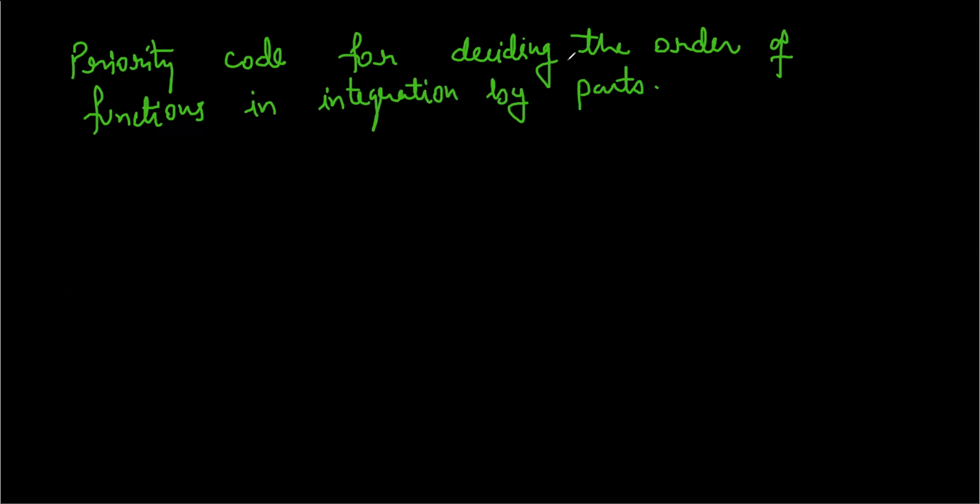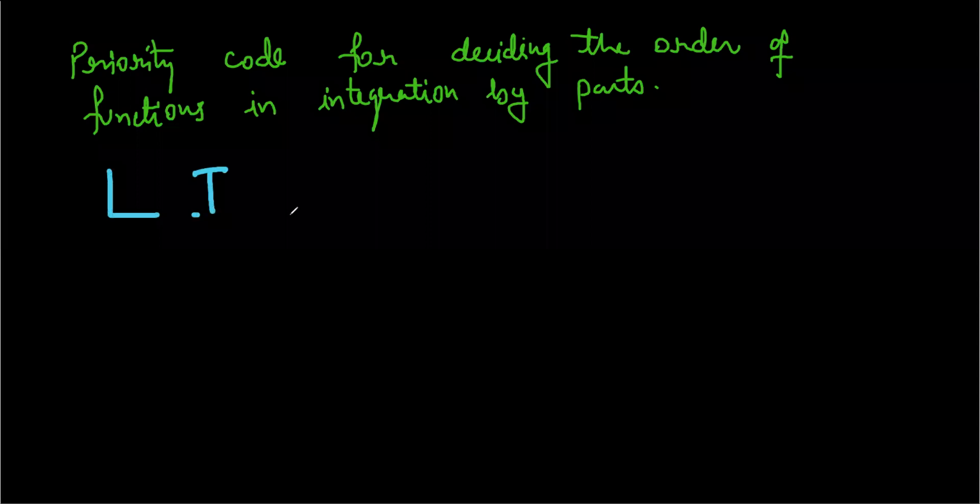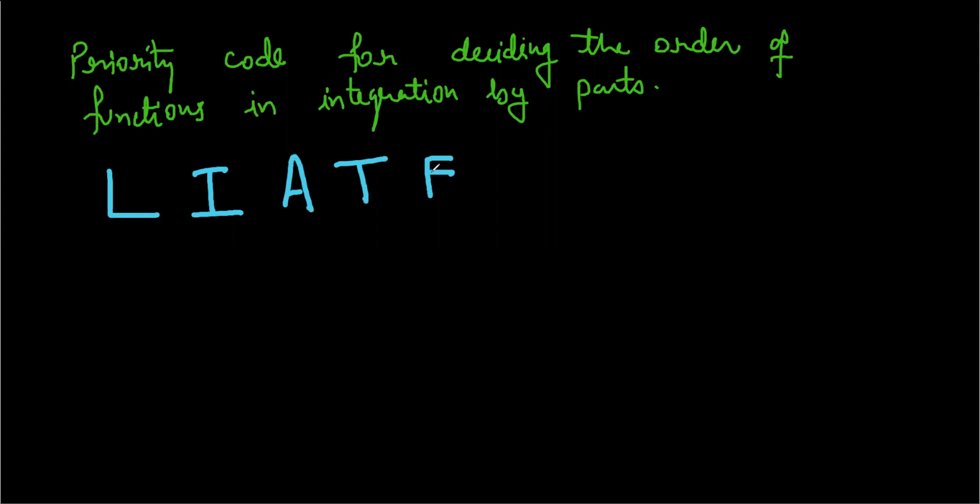So what is that priority code? I will write it. The priority code is L I A T E. Liet. The priority code is Liet.